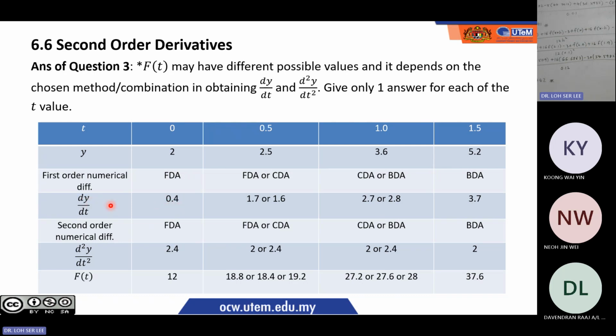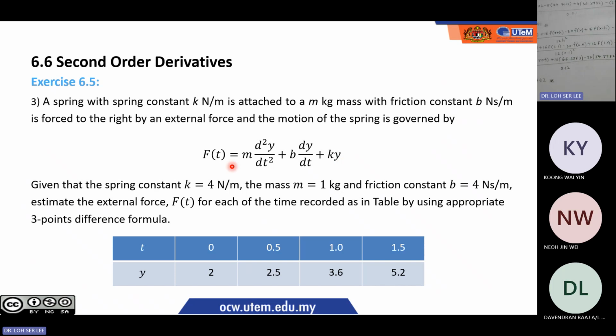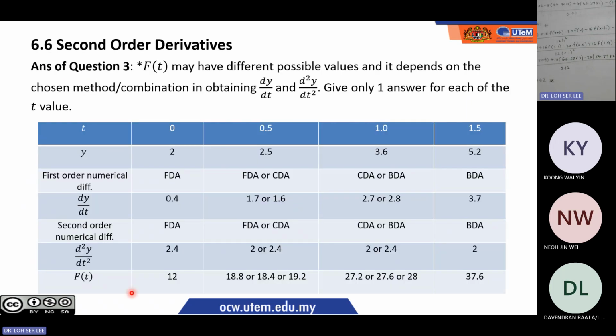Okay, this is y prime 0. And for the second order numerical differentiation, you have to use forward difference approximation. You will get 2.4. Then after you substitute this y prime, y double prime, and y value into the formula just now, you will get F0 as 12.